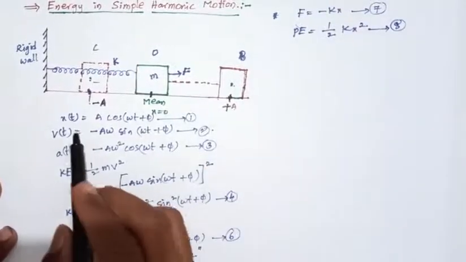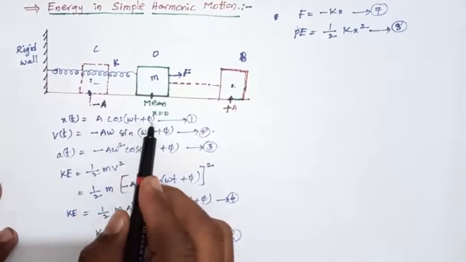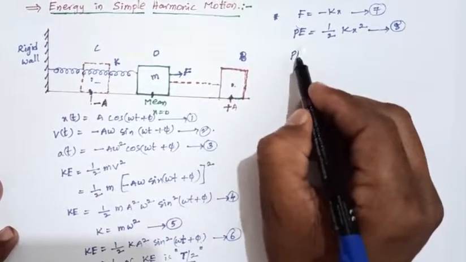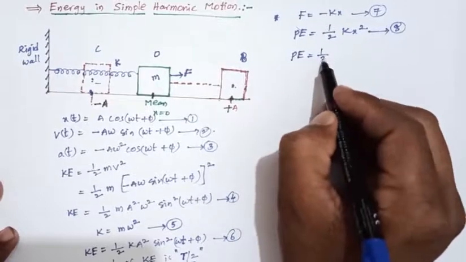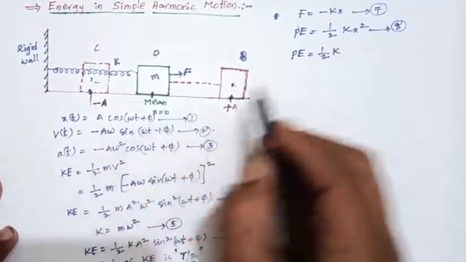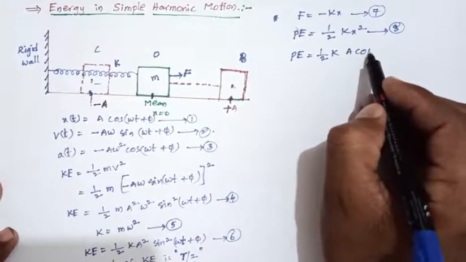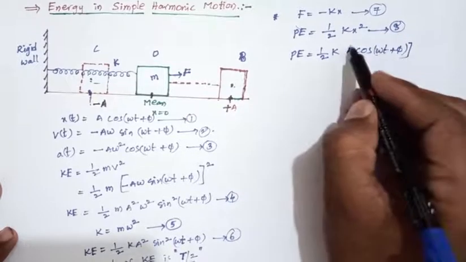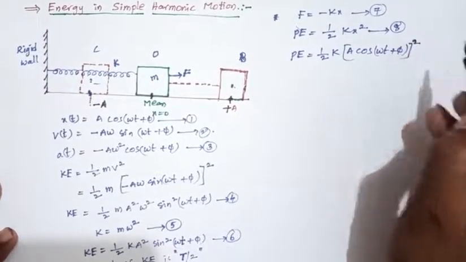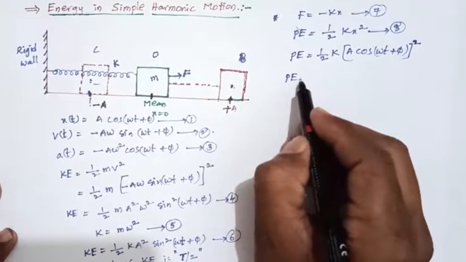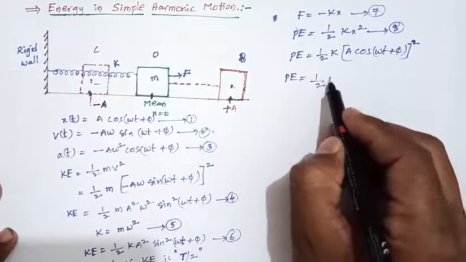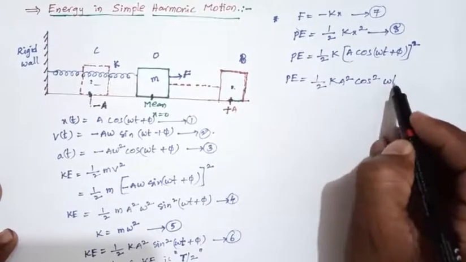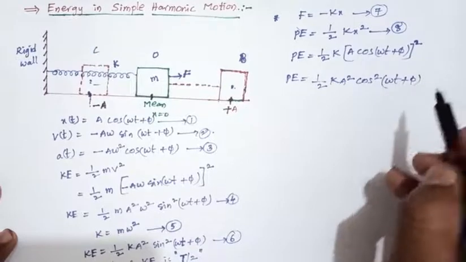So the displacement x of t equals a cos (omega t plus phi). Substituting in equation number 8, PE equals half k x square, with x equals a cos (omega t plus phi), whole square. So potential energy PE equals half k a square cos square (omega t plus phi).